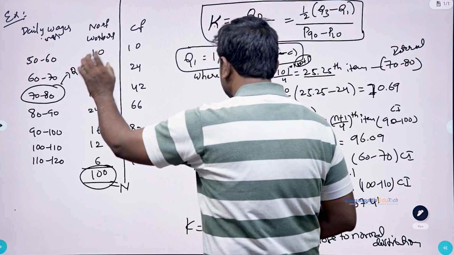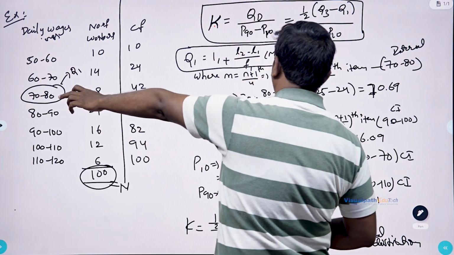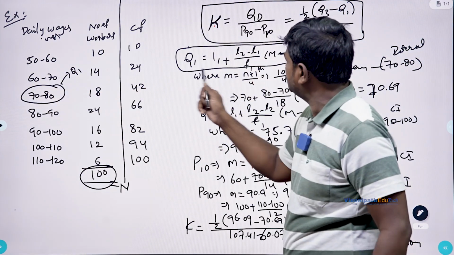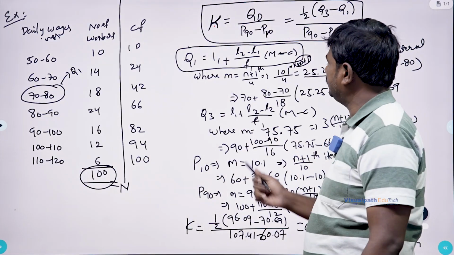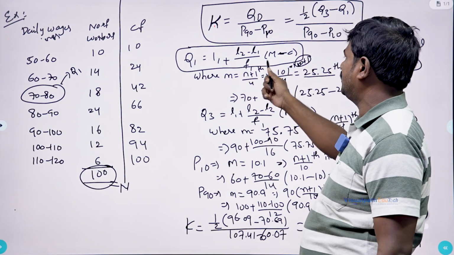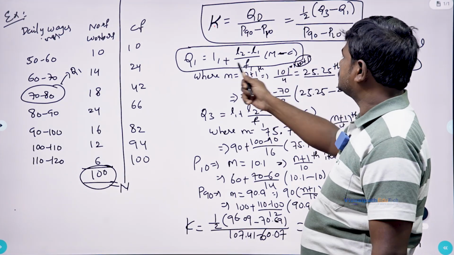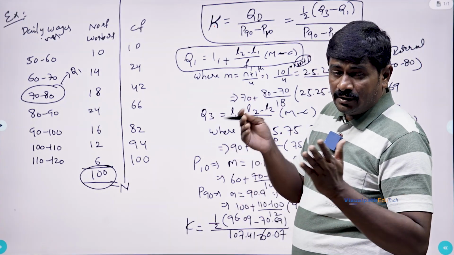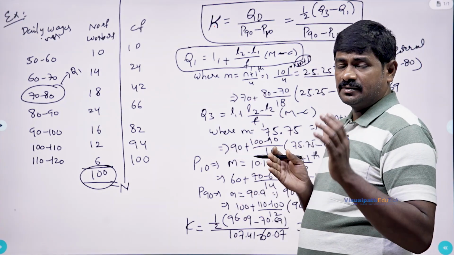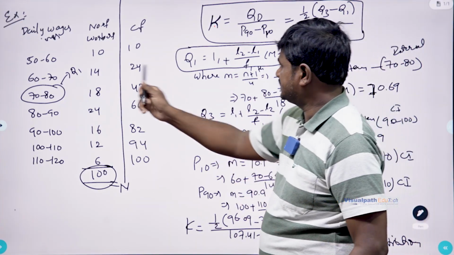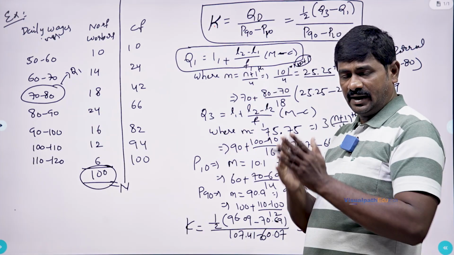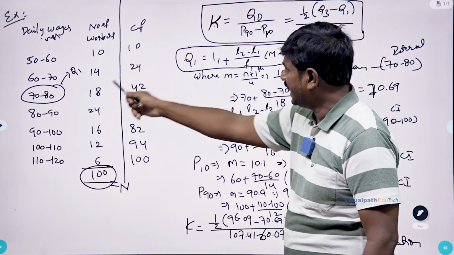According to the selected class interval, we substitute the values into the formula for Q1, that is L1 plus (L2 minus L1) by F into (M minus C). Here L1 is the lower limit of the class interval, that is 70. L2 is the upper limit, that is 80.